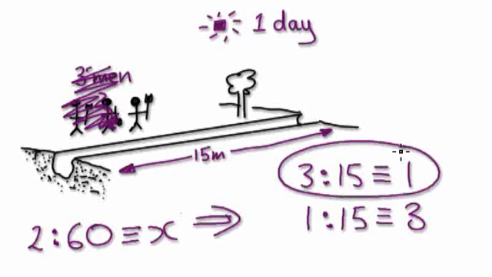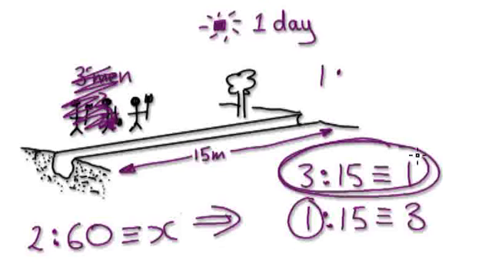Now we started with this, and we used reasoning that if you only have one person digging this trench, it would take 3 days. Or another way of thinking about this is, one person can only dig 5 meters in 1 day.